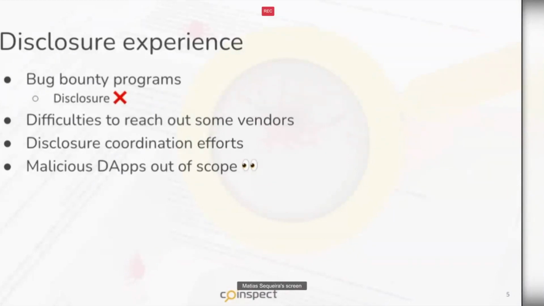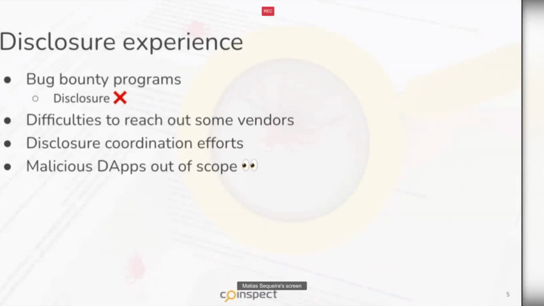We realized that almost 50% of wallet vendors host bug bounty programs, and most of the vendors that host bug bounty programs are the well-established wallets. But the problem we found here is that most of the vendors don't allow the disclosure of bugs.